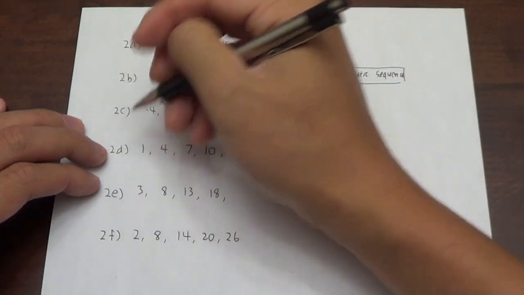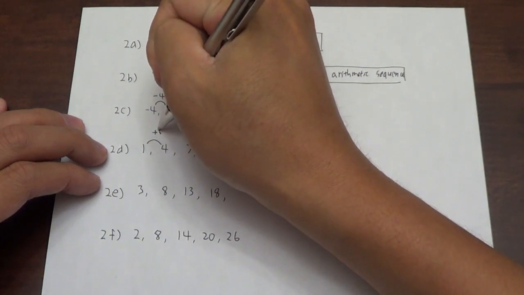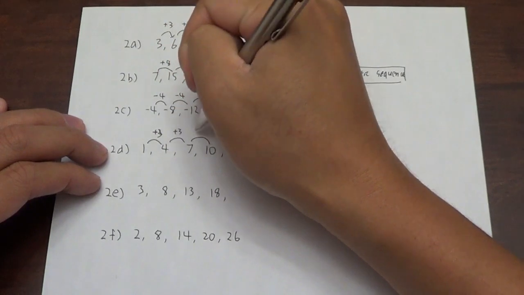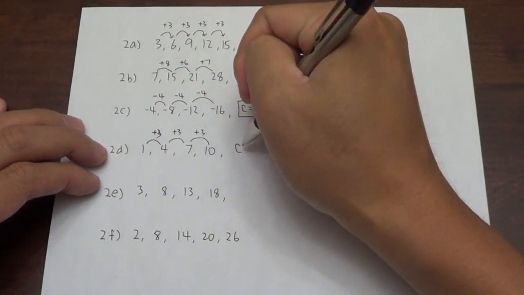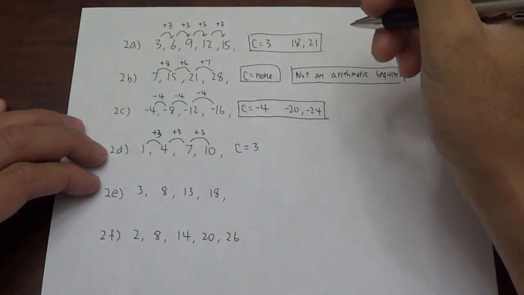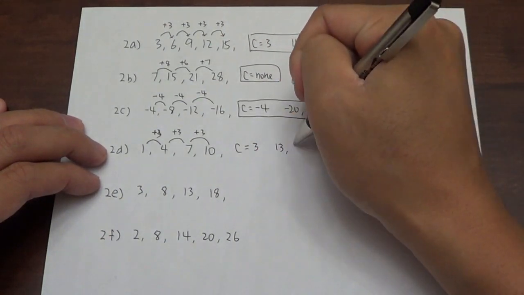Alright, 2d, we go from 1 to 4, which is plus 3, 4 to 7, plus 3 again, 7 to 10, plus 3. Alright, so then our constant rate of change is positive 3. And then our next two terms, 10 plus 3 is 13, 13 plus 3 is 16.